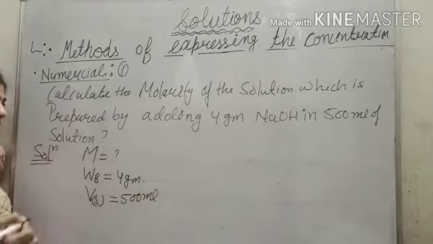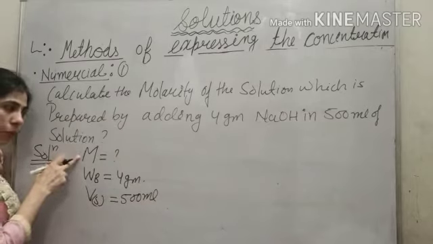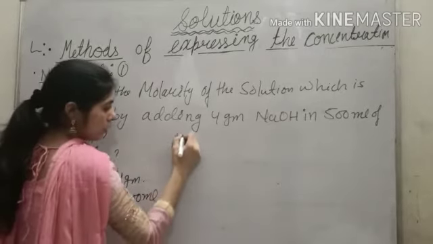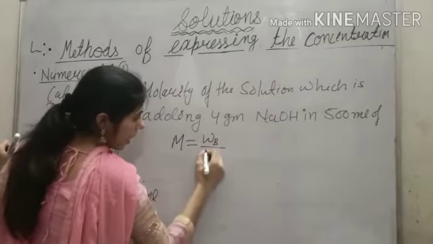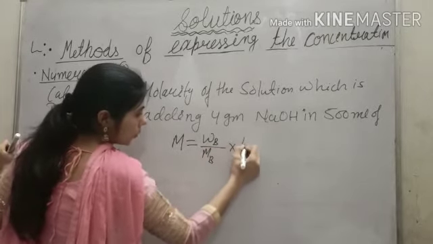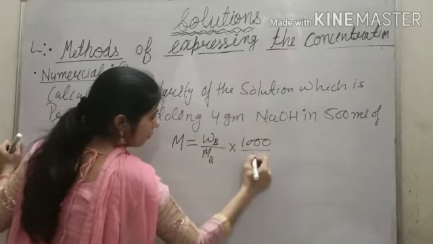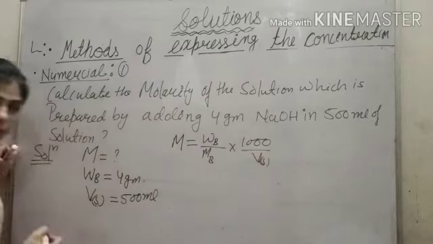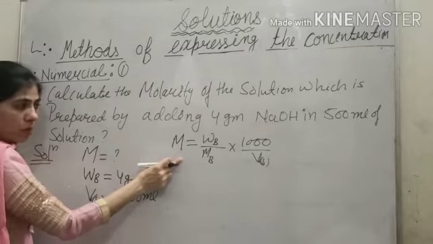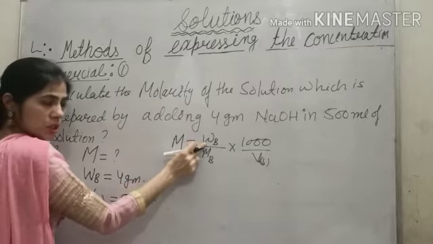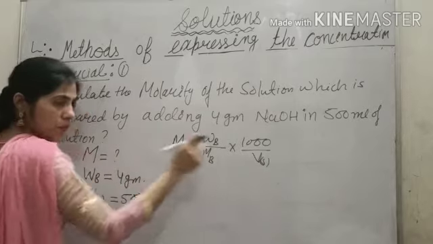Now what we have to calculate? We have to calculate the molarity, which is equal to WB by MB times 1000 divided by volume of the solution. In this formula, we require WB, MB and the volume of the solution.